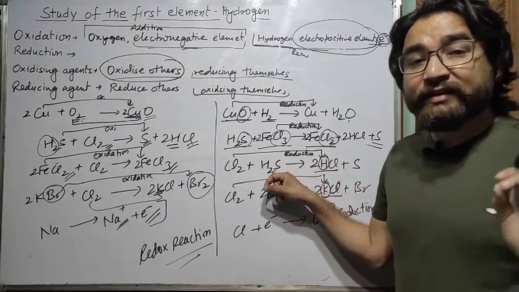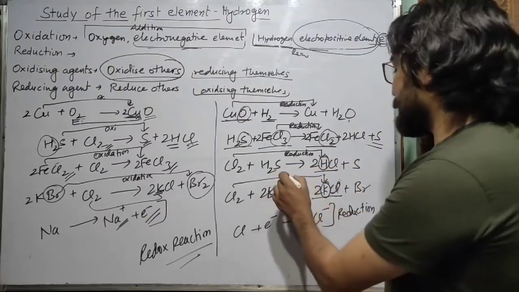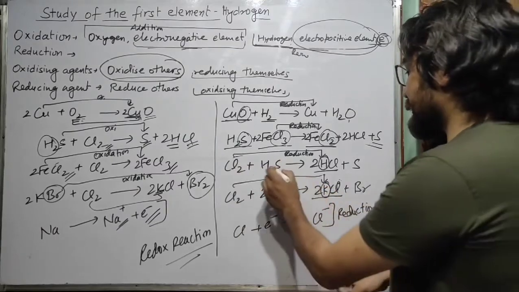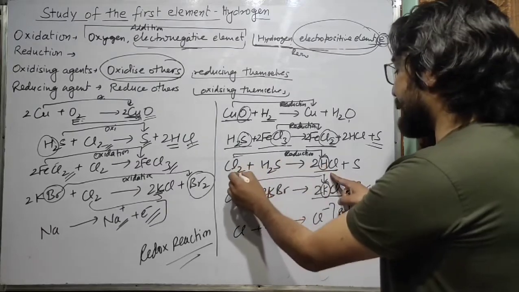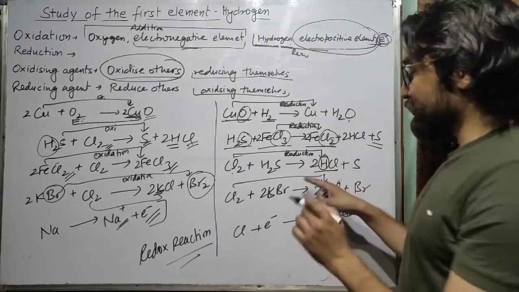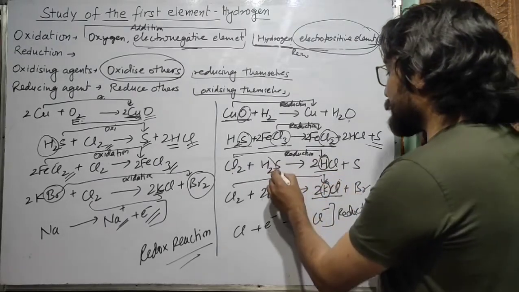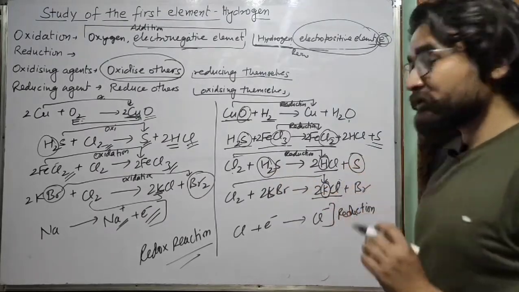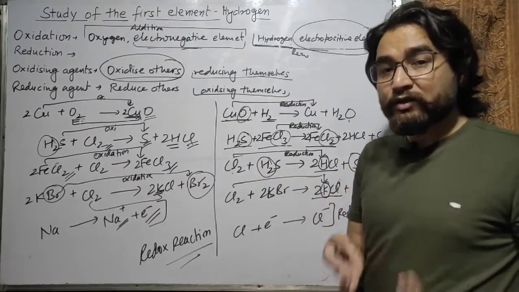So oxidation and reduction will take place simultaneously. Again, in Cl2 plus H2S we have added hydrogen, so it is reduction of chlorine, but we have also removed hydrogen from this sulfur. So this is the oxidation of sulfur, because removal of hydrogen is oxidation.